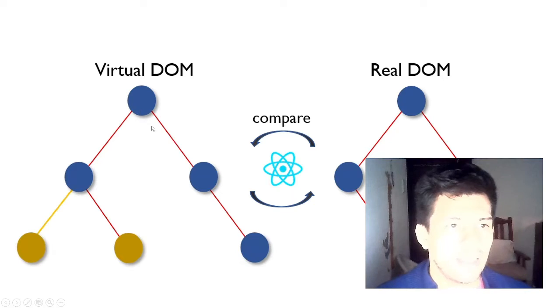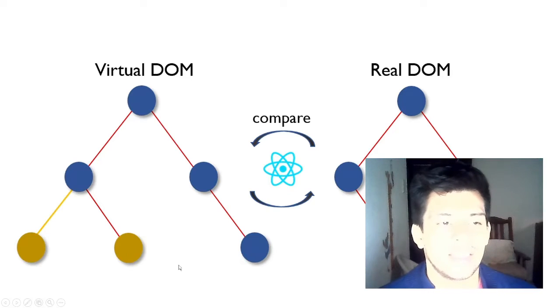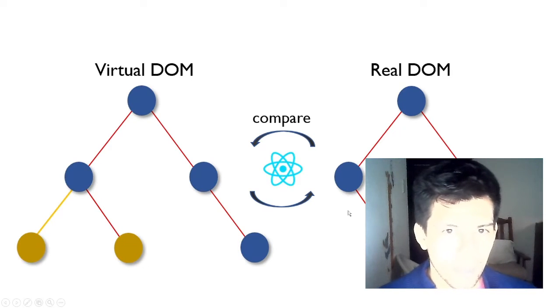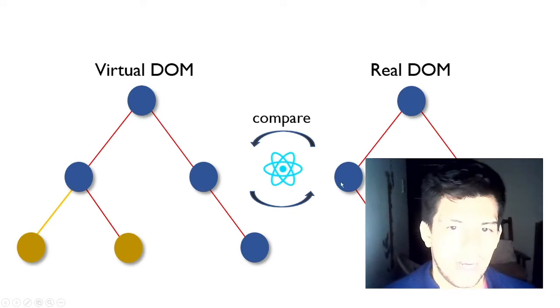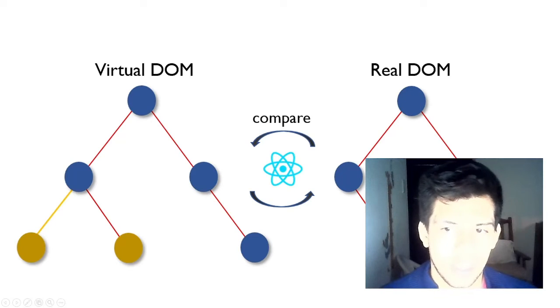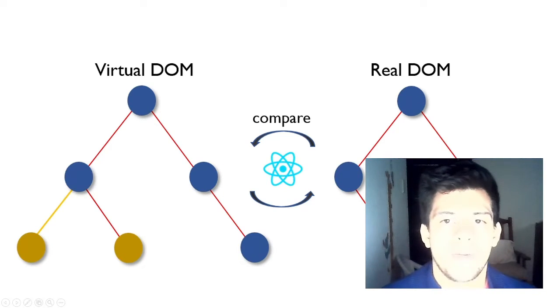Here is a little explanation about how React can manage the state and the components in our DOM. In the real DOM, we have a component tree that will be updated when we make some change.